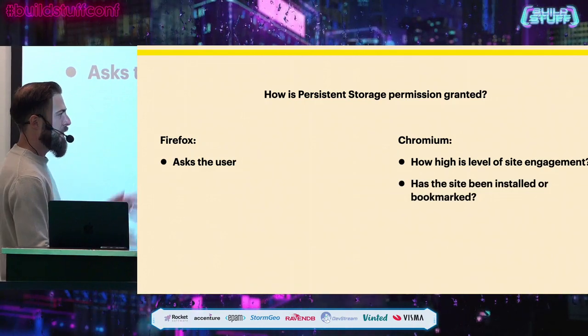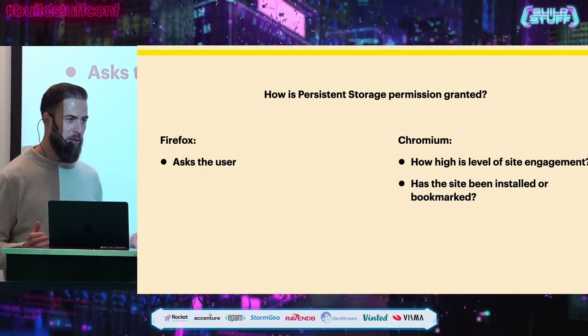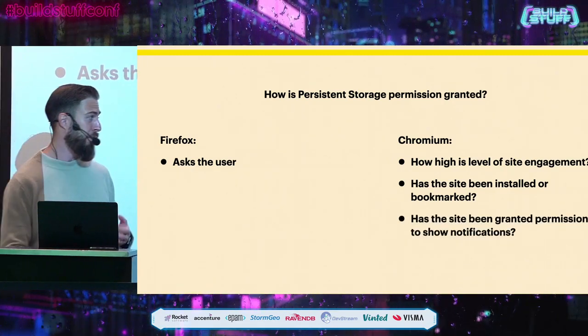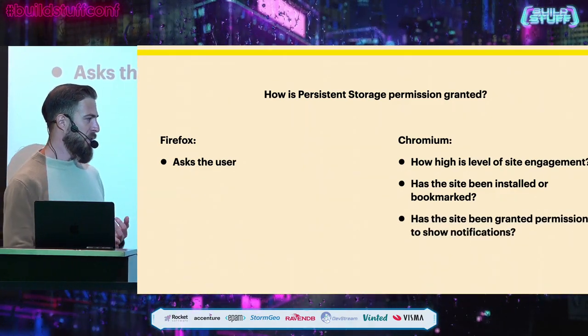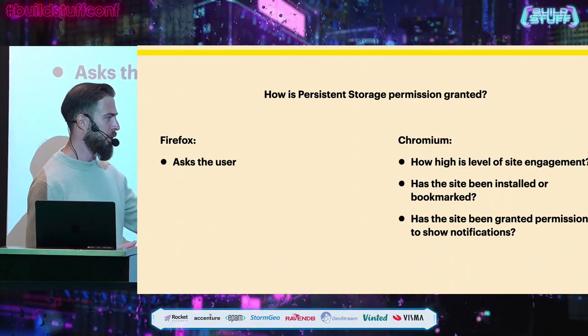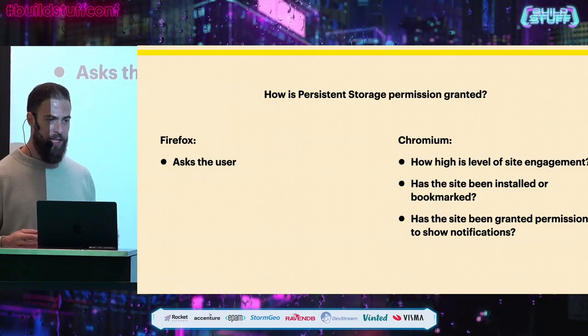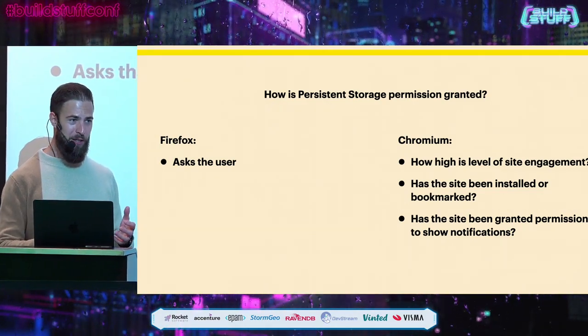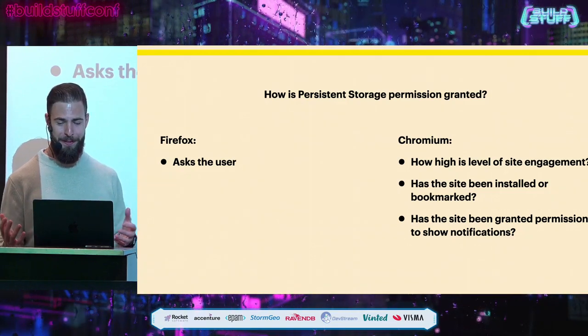It also checks if the site has been installed or bookmarked, and it also checks if the user has granted other permissions, like to show notifications. Now it takes all of that into consideration, and it says yes, granted or not granted.